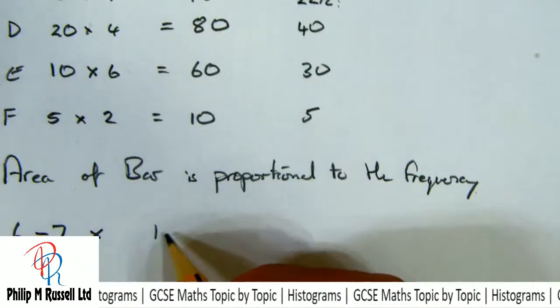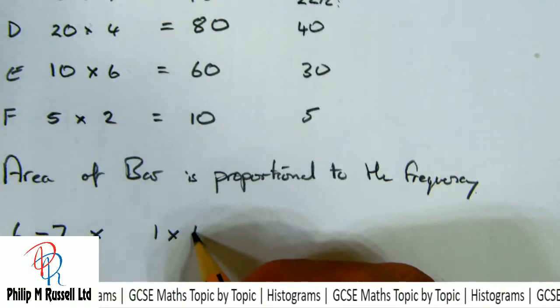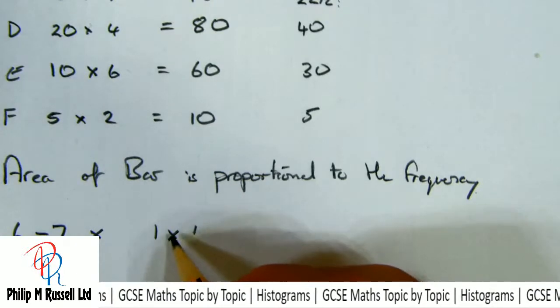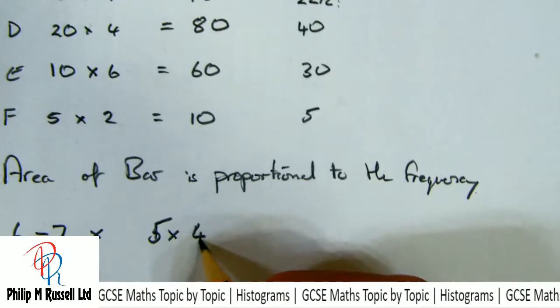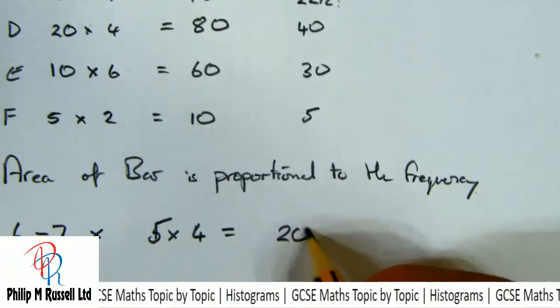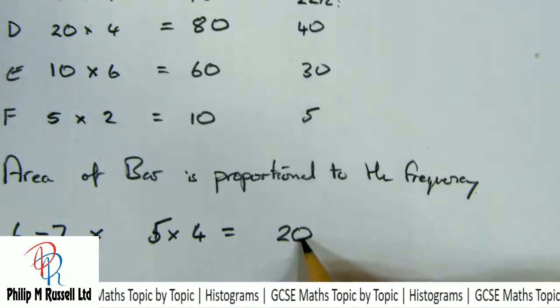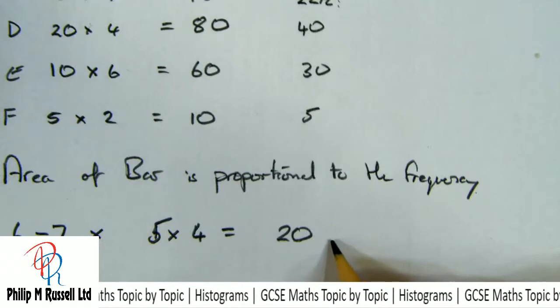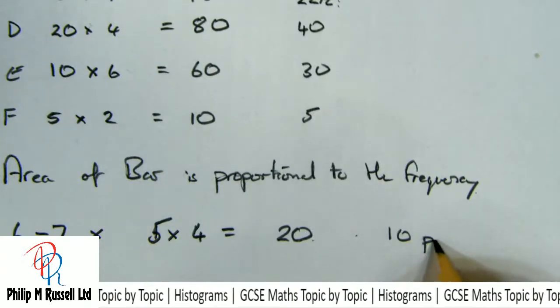So that's going to be 1 times, and that 1 is actually going to be 5 across, isn't it? 5 times 4, which gives me 20, and we know that 10 is 5, so therefore 20 is going to be 10 people.